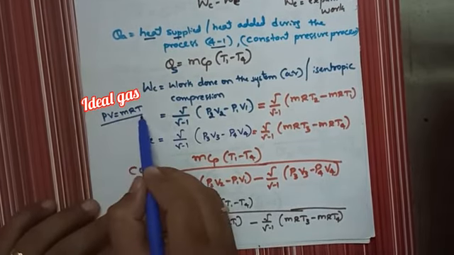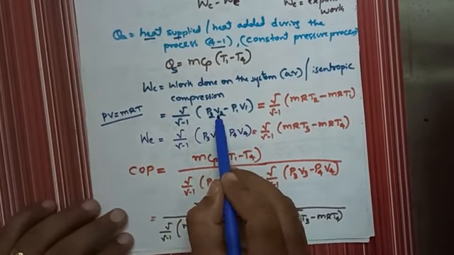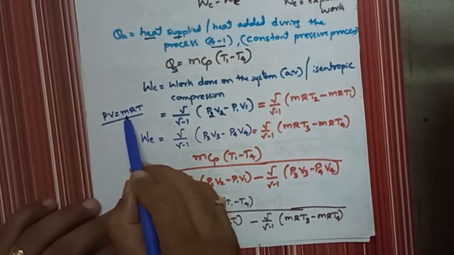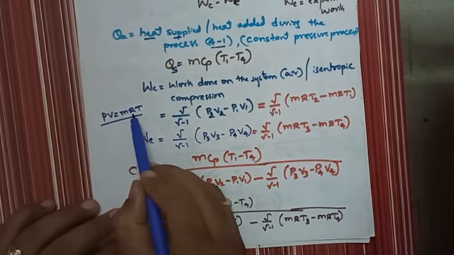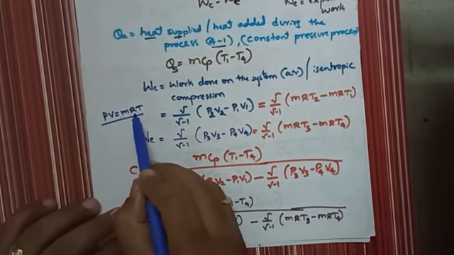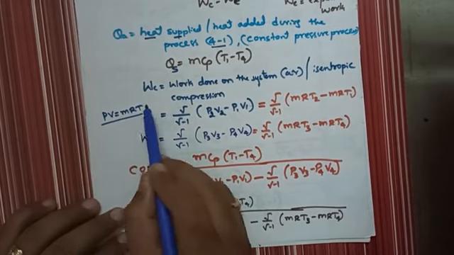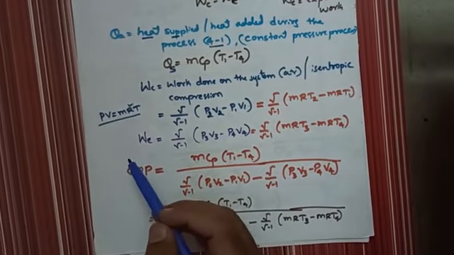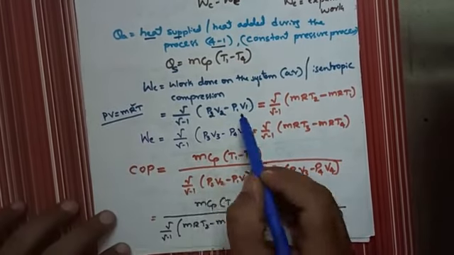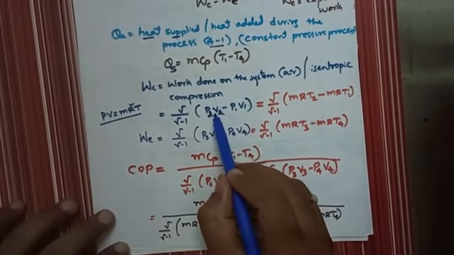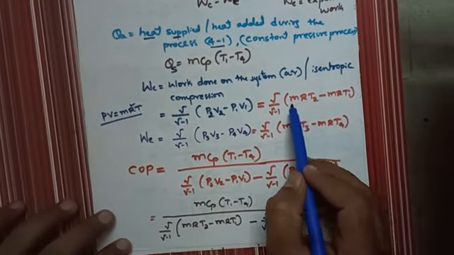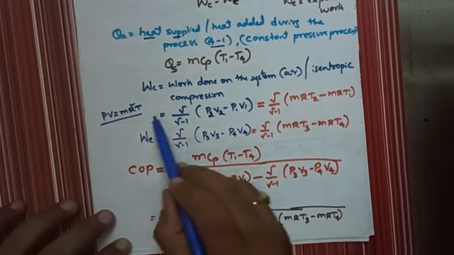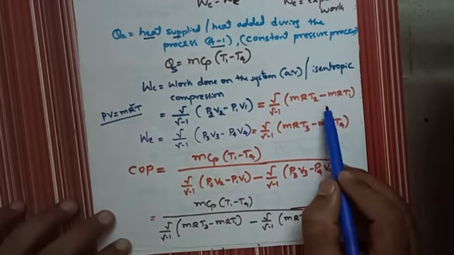So in place of P2V2 I will write mRT2, where m is constant for the given condition, that is 1 kg, and R is the gas constant. Here the working fluid is air, so wherever the term R comes, it is the gas constant, whose value is 0.287. Minus, in place of P1V1 using the ideal gas equation, I will substitute mRT1.